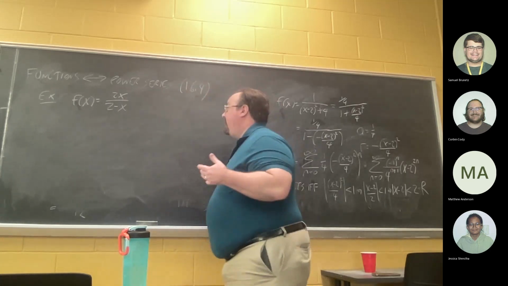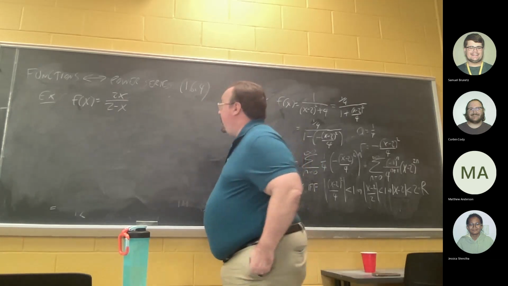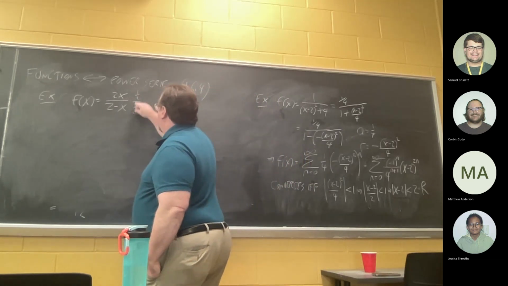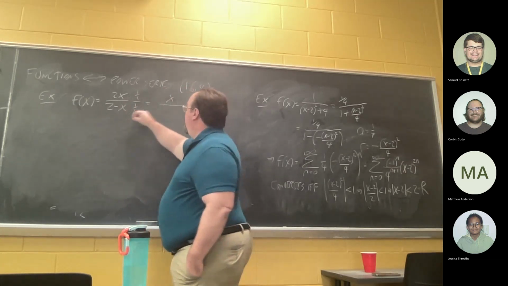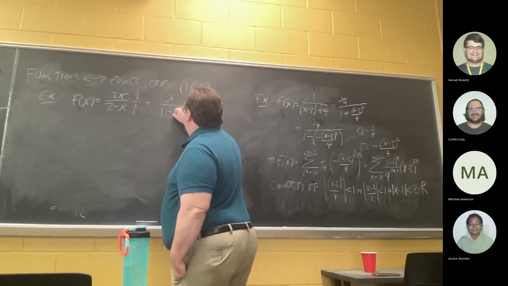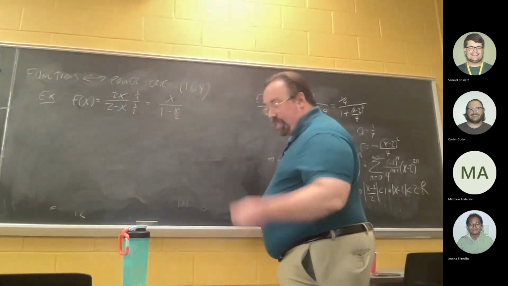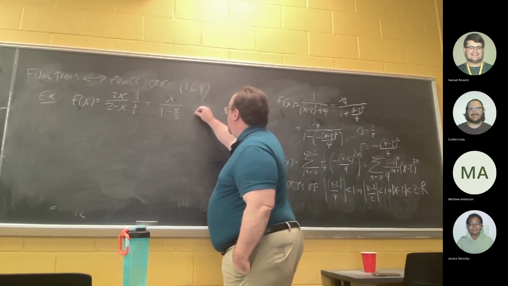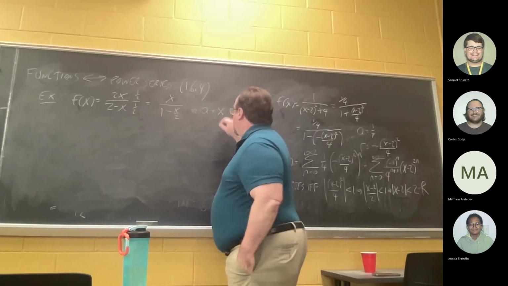So we need to get it in the same format, a over 1 minus r. We need 1 minus something in the denominator. So I divide the top and bottom by 2. So I'll have x, over 1 minus x over 2. So this is the sum of a geometric series. The numerator is your a, so it turns out to be x.